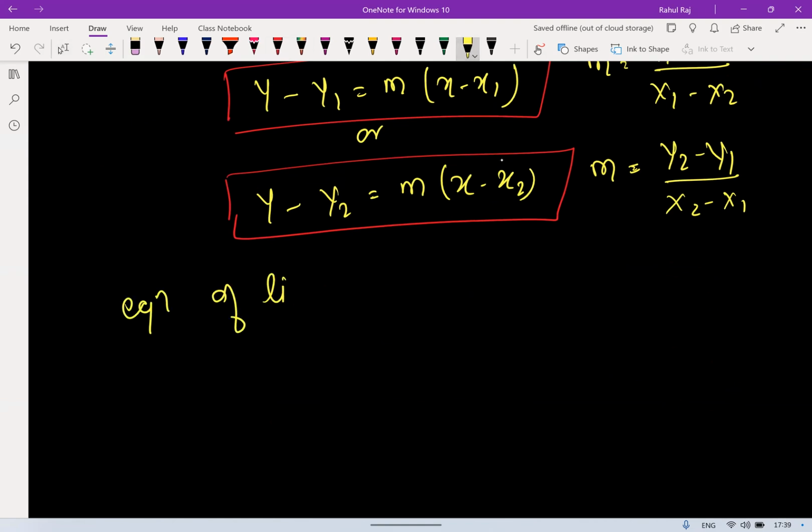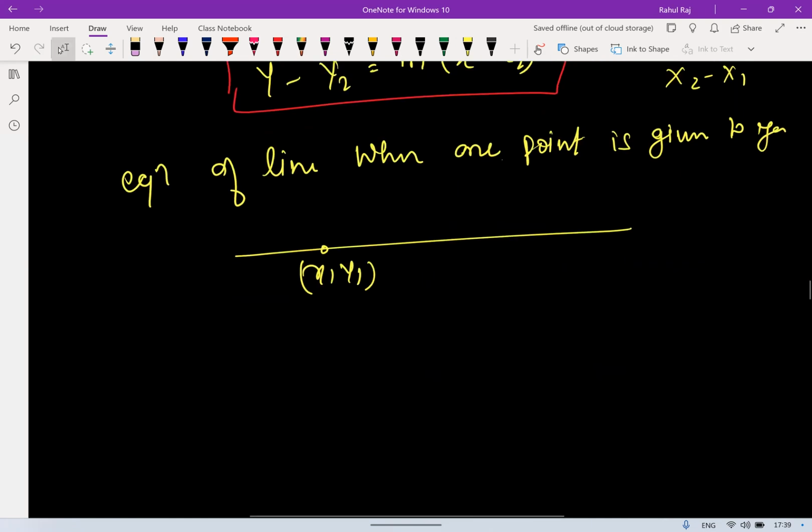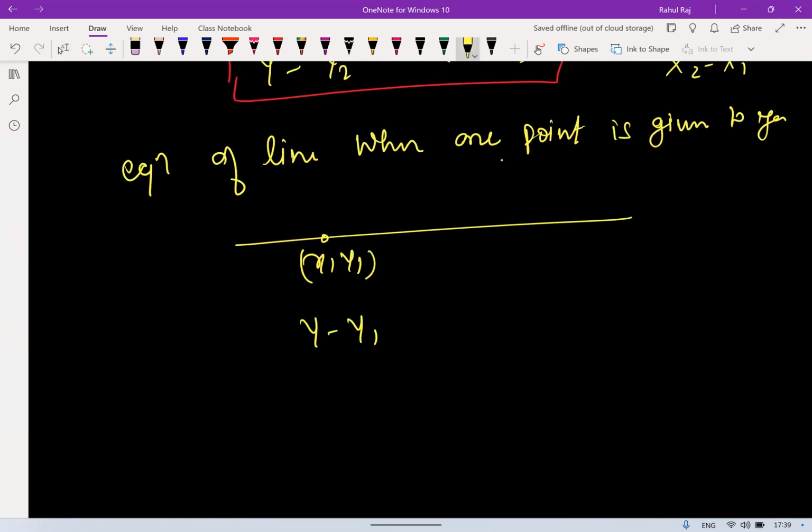Now the point is, equation of a line when 1 point is given to you. If 1 point is given to you, what exactly do we try and do? Let's say this is a point x1, y1. So y minus y1 is equal to m into x minus x1.